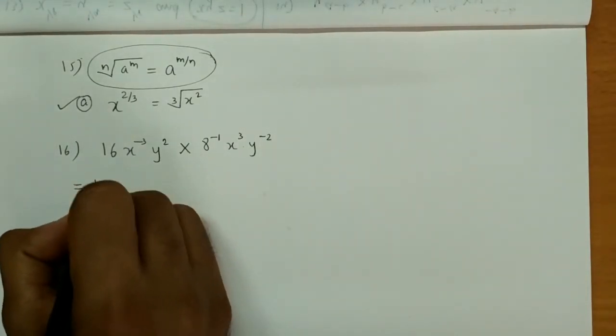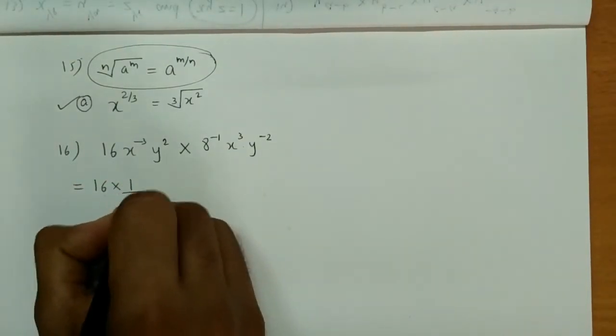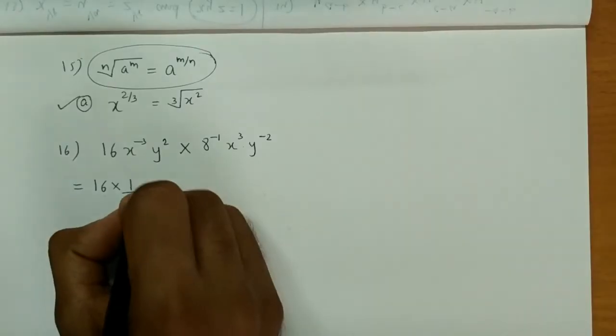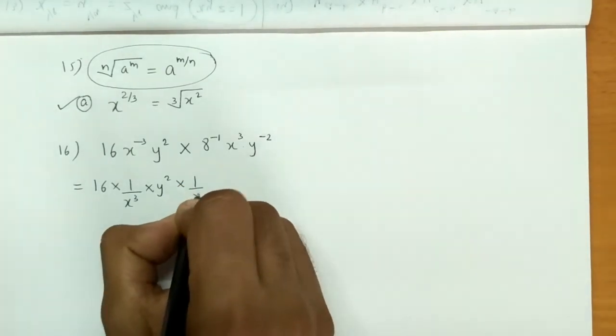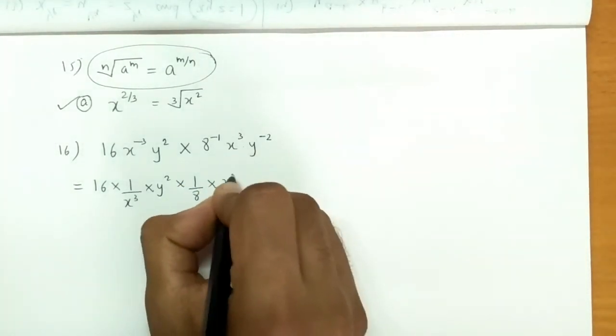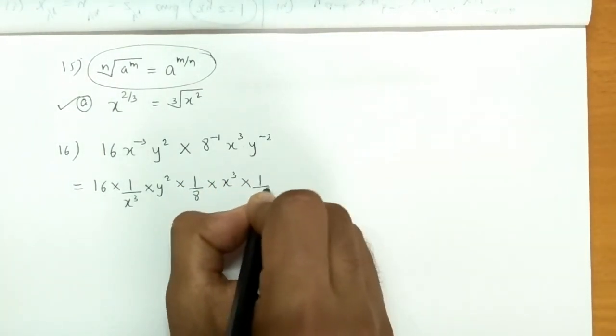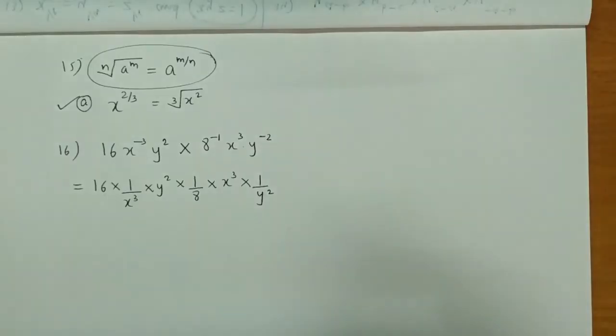So this becomes 16 into 1 upon x cube into y square into 1 upon 8 into x cube into 1 upon y square.